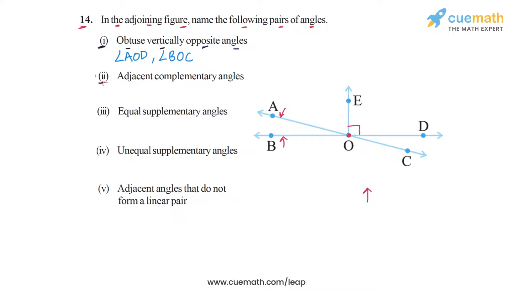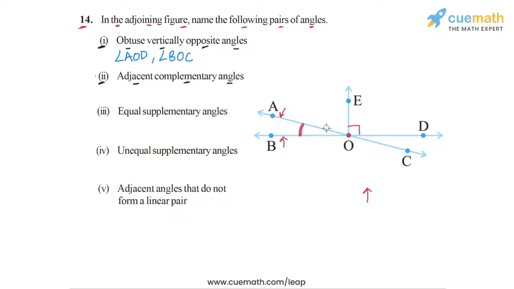Then we go to part 2, in which we have to find a pair of adjacent complementary angles. What is the meaning of complementary angles? Complementary angles are two angles which sum to 90 degrees. So we have to find two adjacent angles in this figure whose sum is equal to 90 degrees, and that's quite easy to find.